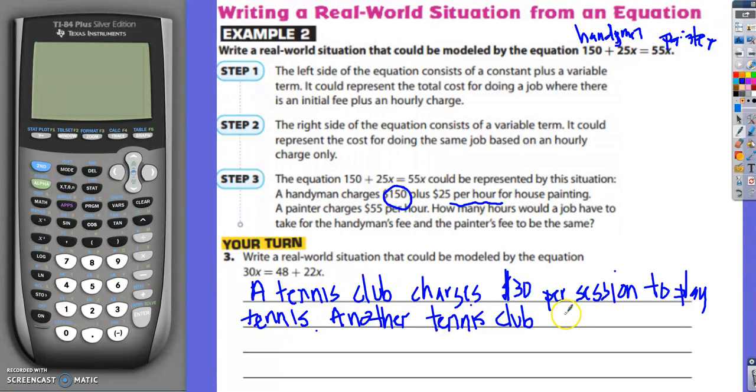Charges an annual fee of $48 and $22 per session.